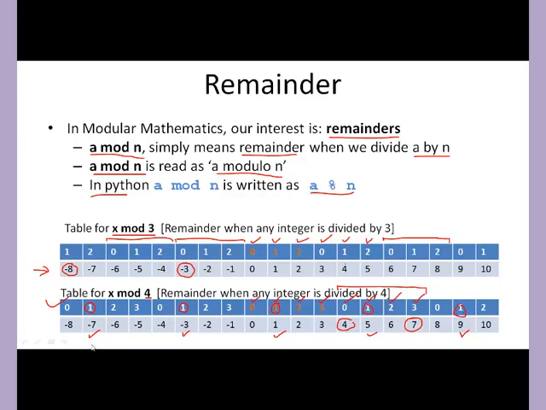The collection of all these numbers, -7, -3, 1, 5, 9, is called a residue class, and we simply say this is residue class 1. In a similar way, we can make another set for 2.